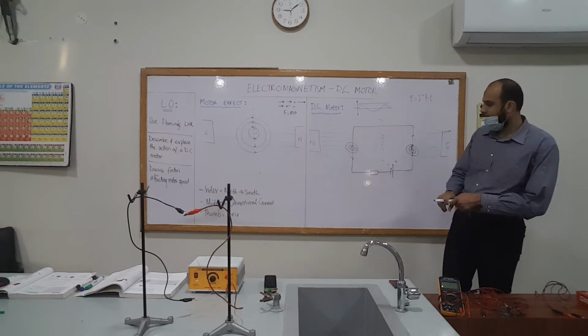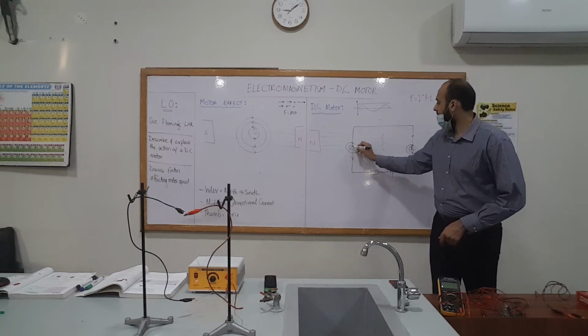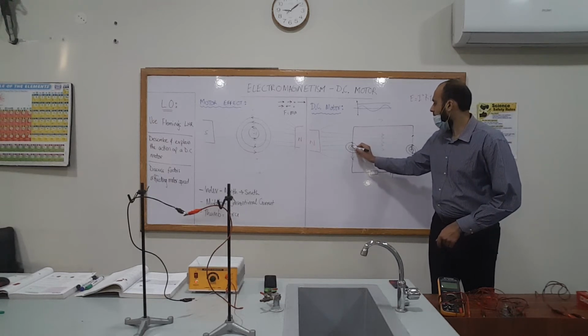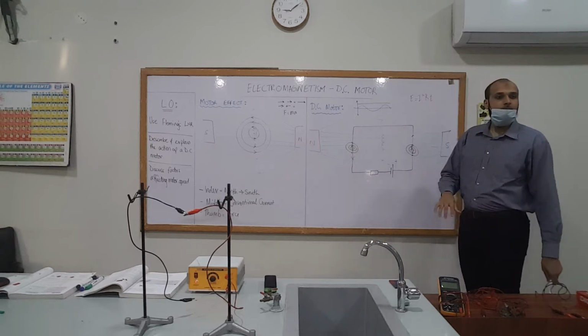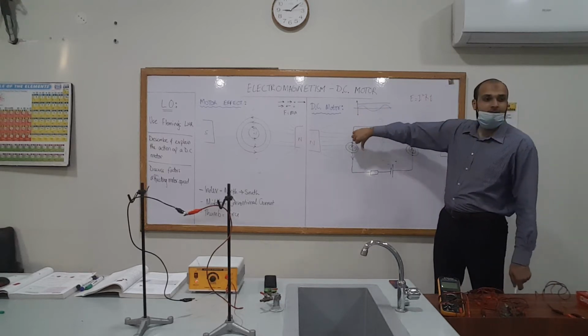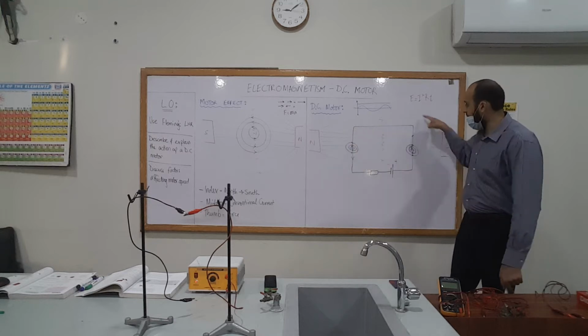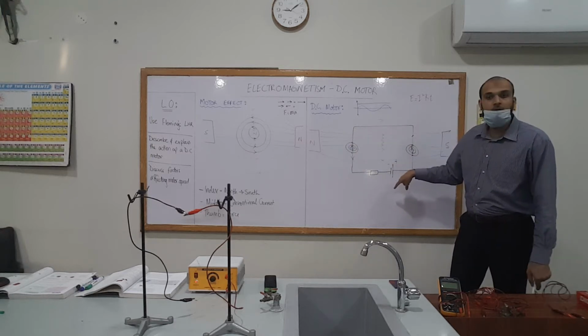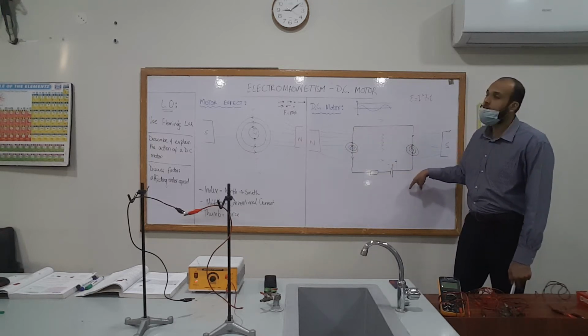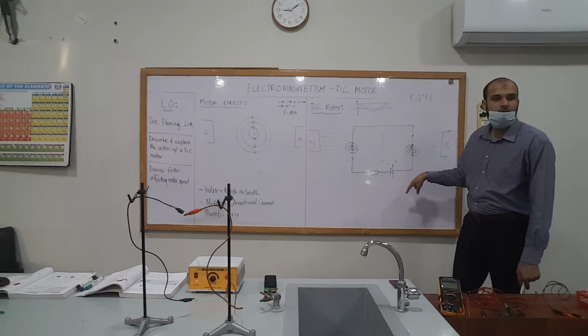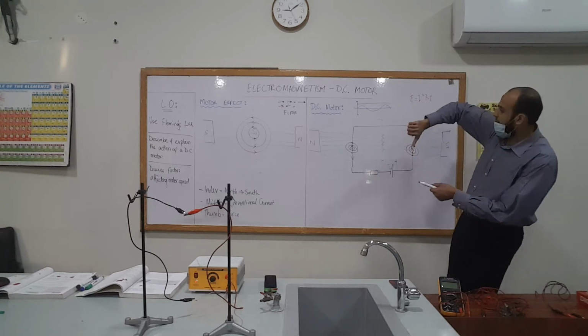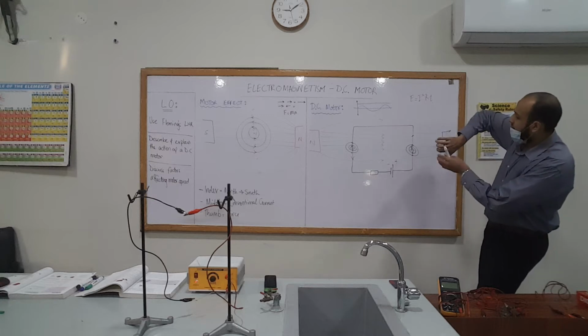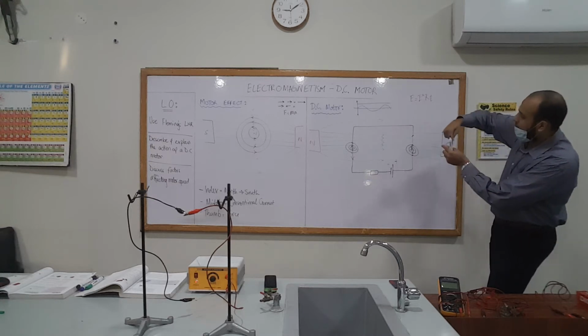Because conventional current is flowing down at the other end. So look, it follows this direction, which is clockwise.